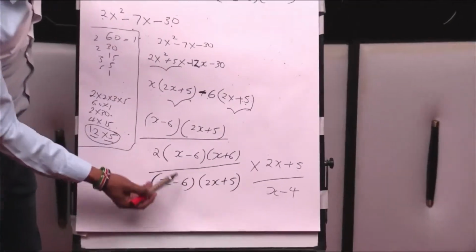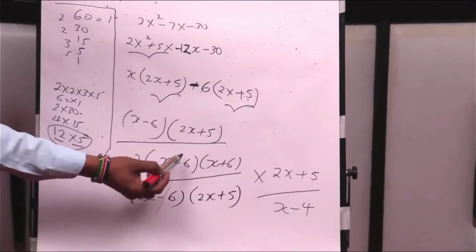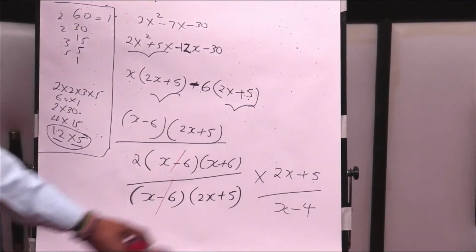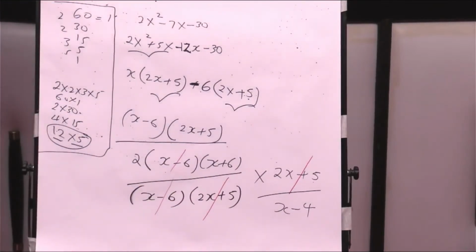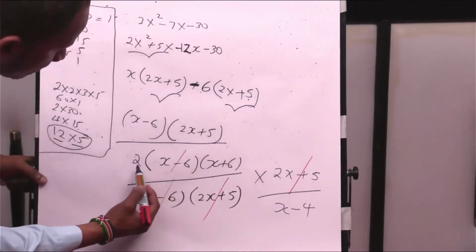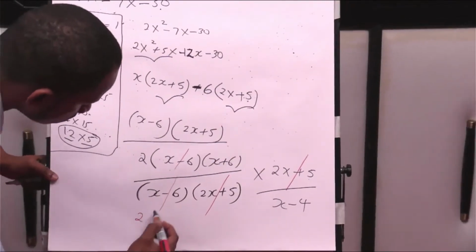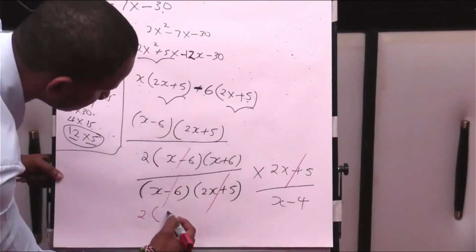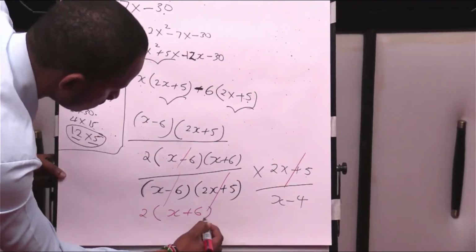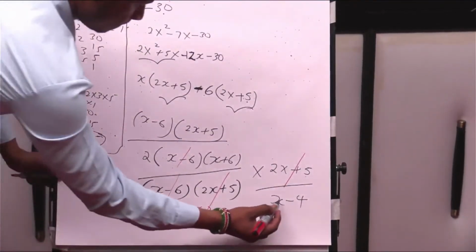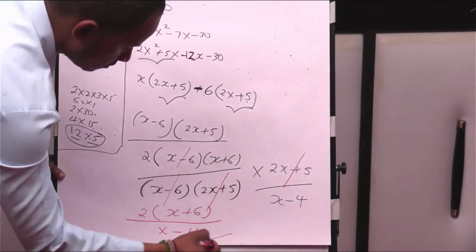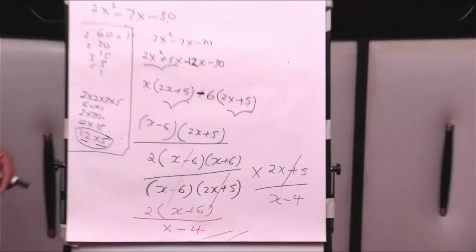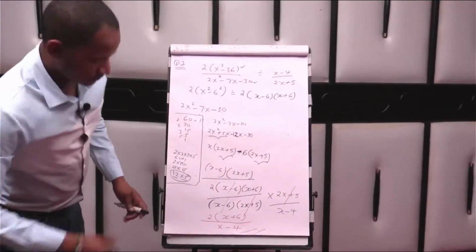You can see x minus 6 and x minus 6. So this cancels that. Then we have 2x plus 5 and 2x plus 5. So what do we remain with? We remain with 2 into x plus 6 over x minus 4. That's our answer.